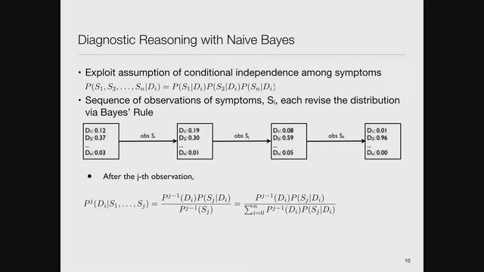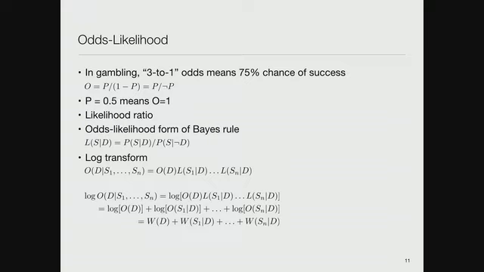This is the sequential application of Bayes' rule, and of course, it depends on the conditional independence of all these symptoms. But in medicine, people don't like to do math, even arithmetic, much. They prefer addition rather than multiplication because it's easier. So instead of representing all this data in a probabilistic framework, let's represent it as odds.